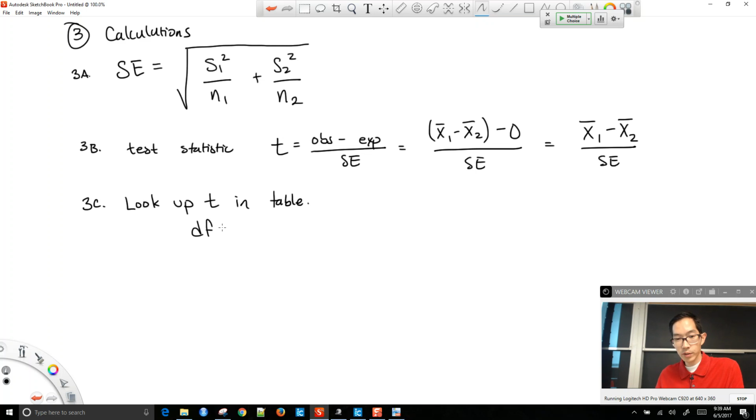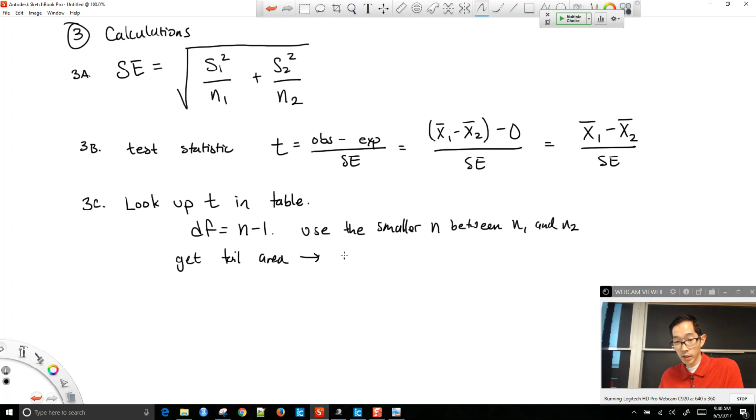Degrees of freedom is equal to n minus 1. Use the smaller n between n1 and n2. And then get your tail area, and then get your p-value.